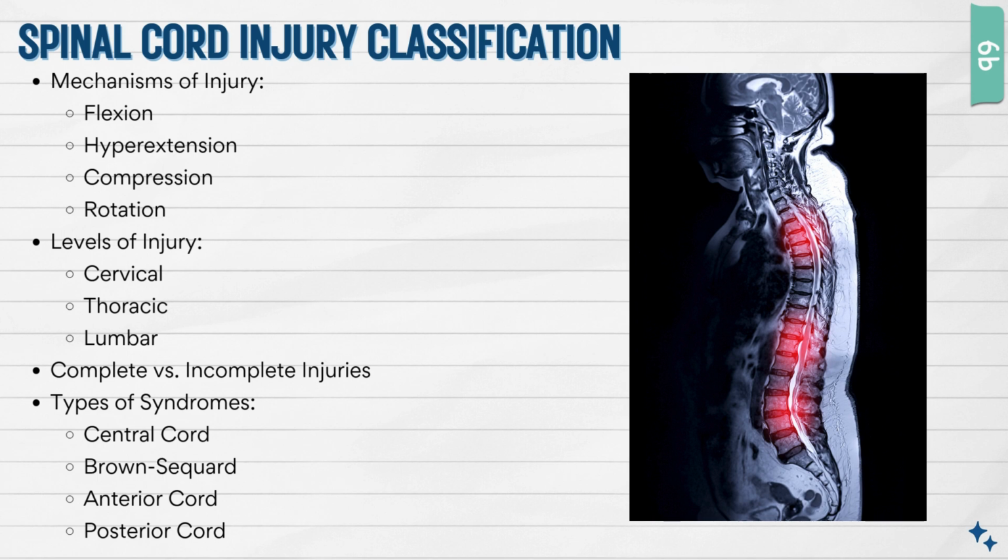So anterior cord syndrome is damage to the front of the spinal cord, and that results in loss of motor function and pain and temperature sensation below the level, but it preserves the position and vibration sense within the patient. Now, the posterior cord syndrome, that is more rare.